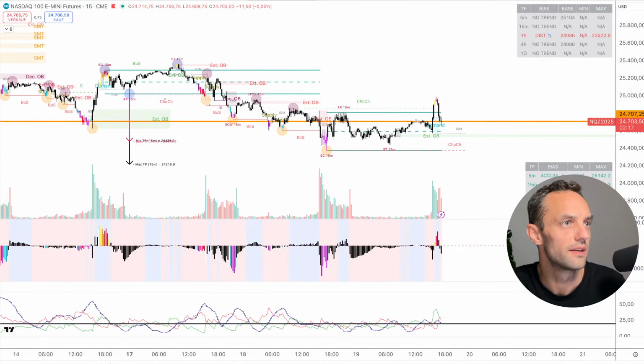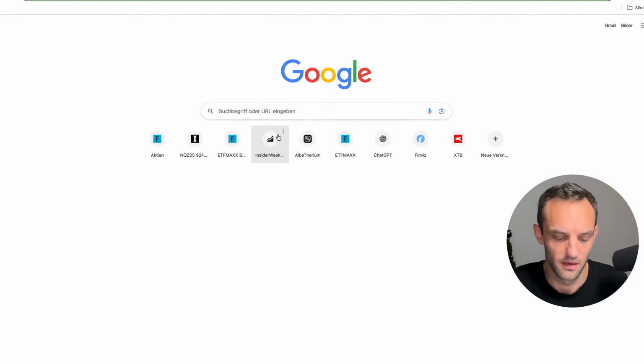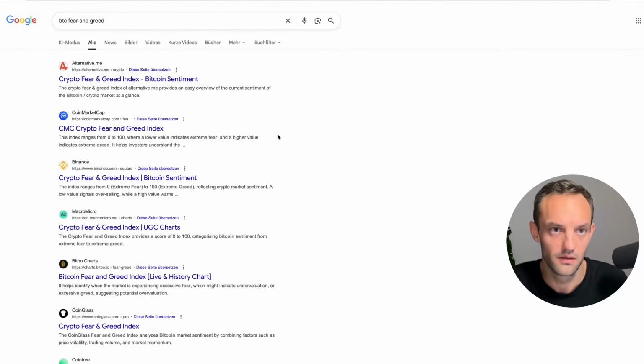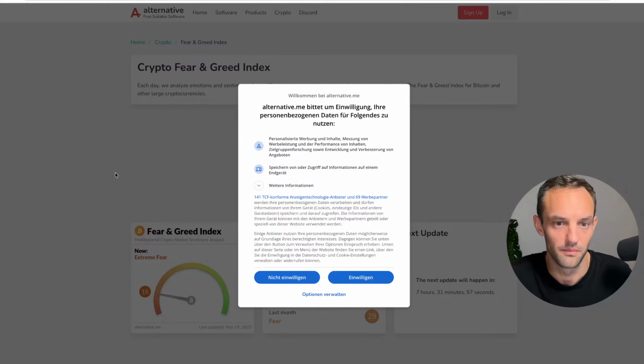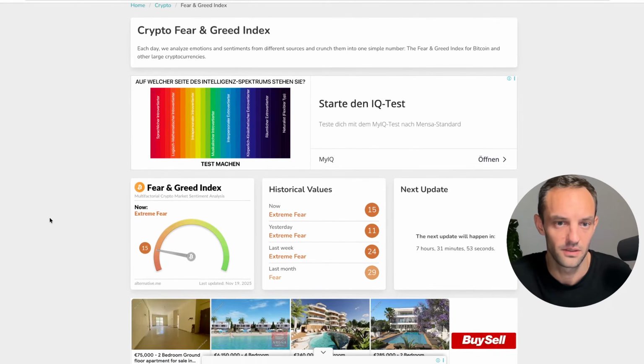BTC is lower than 90K. Overall crash. What do you think? No, it's not an overall crash. Why is it an overall crash? Because like BTC fear and greed. So if you look at the BTC fear and greed index, I don't know if this one is the proper one, but look at it.